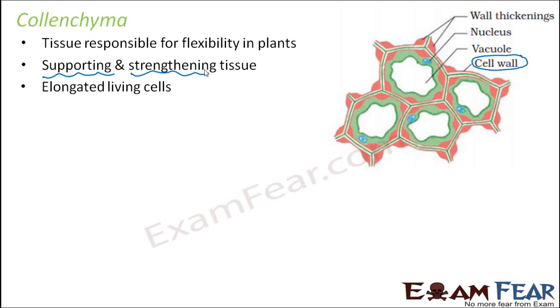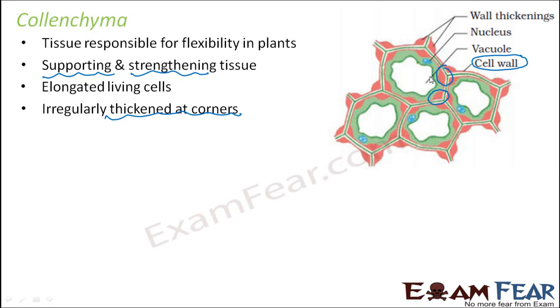They are elongated living cells. So parenchyma and collenchyma both are living cells. Irregularly thickened at corners. So this is very clear from this picture. If you look at the corners, the corners are quite thickened. So what is this thickening basically?